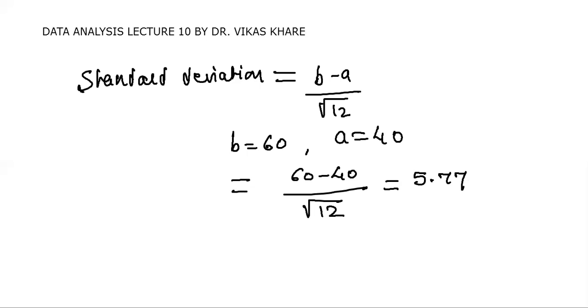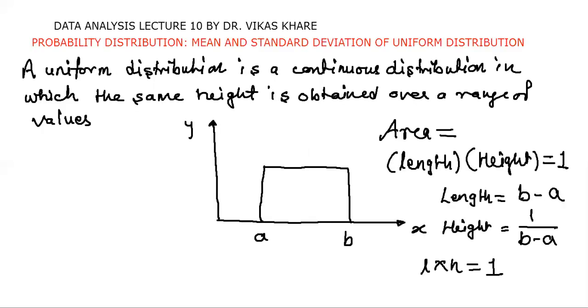So we discussed first that a uniform distribution is a continuous distribution in which the same height is obtained over a range of values, where the area is given by length into height, which is equal to 1. A uniform distribution is ideally represented by a rectangle, where length is b minus a and height is 1 upon b minus a.